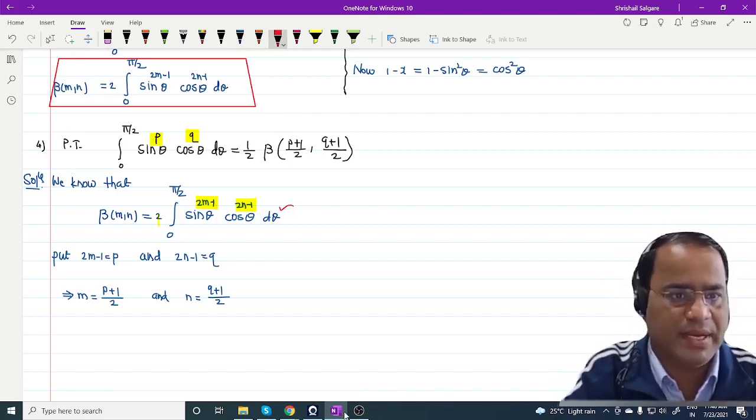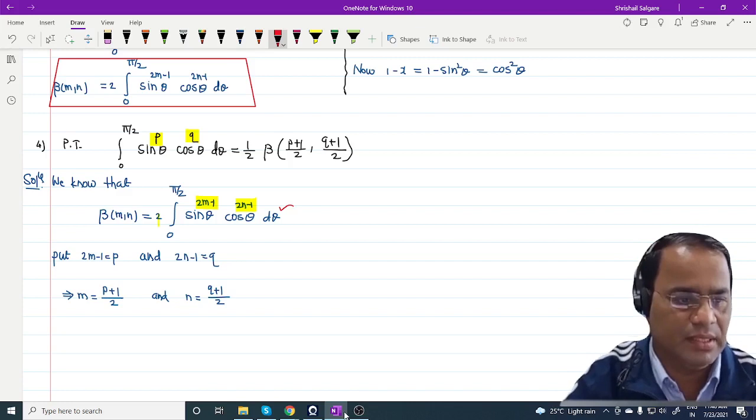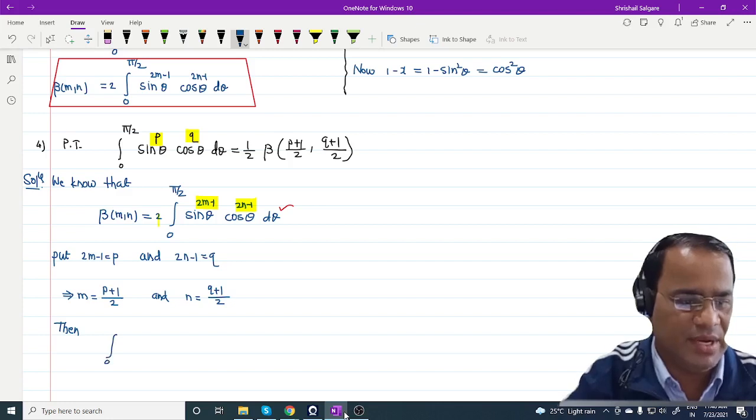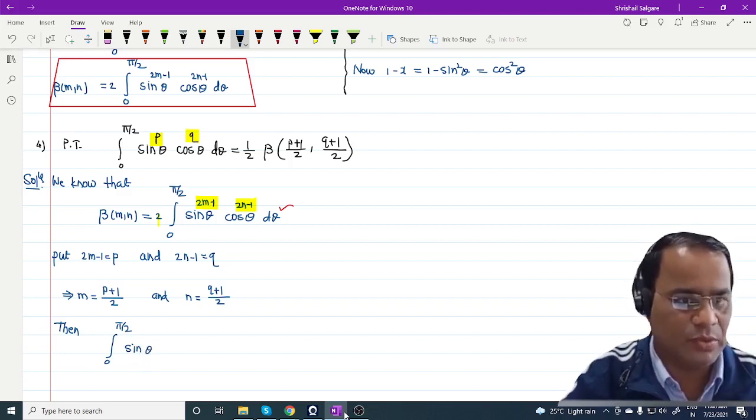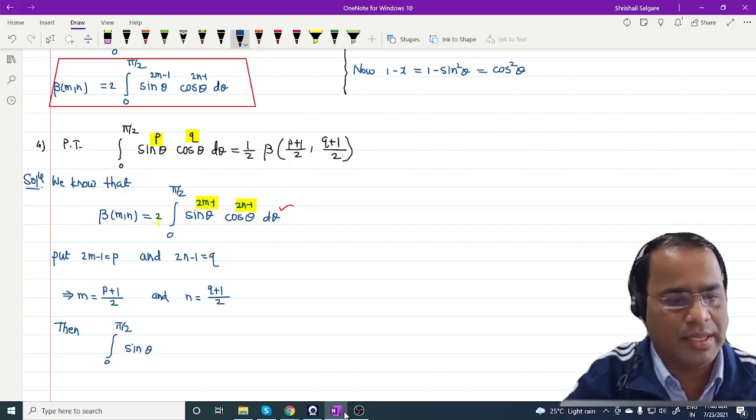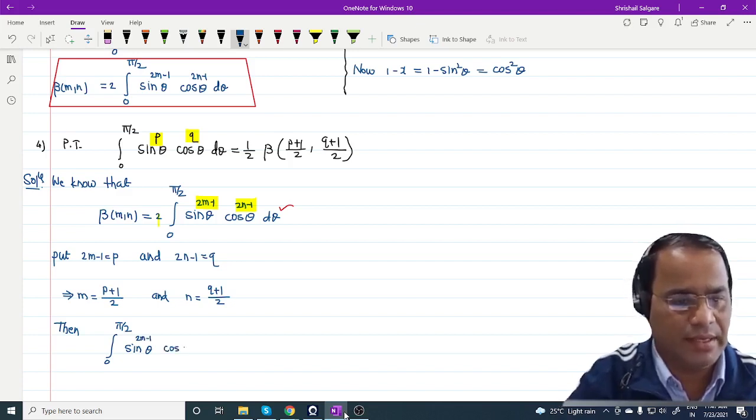Then the given integral can be written as, the limits remain the same, integral 0 to pi by 2 sin theta raised to 2m minus 1 and cos theta raised to 2n minus 1 d theta.